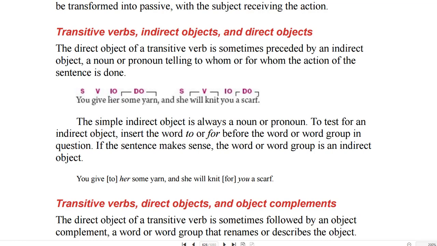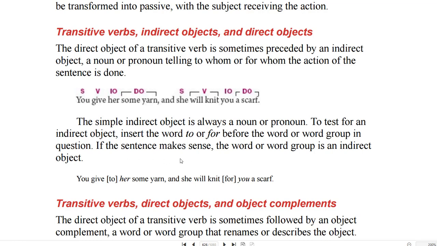A direct object, you just say, I ate spaghetti. There's no to. I don't say I ate to spaghetti. In other words, the noun that directly follows a verb is a direct object. So the simple indirect object is always a noun or pronoun. To test for an indirect object, insert the word to or for before the word or word group in question.